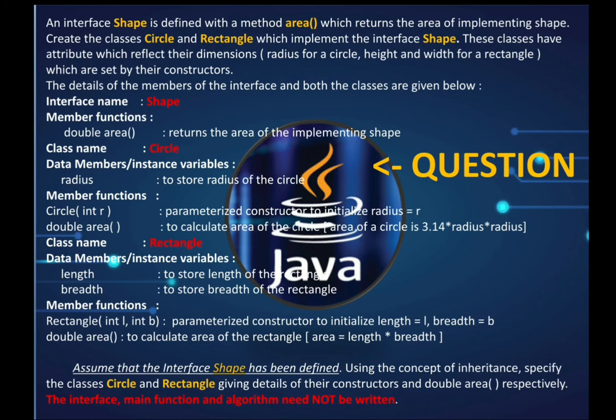In this way you have a question of inheritance in your paper of 5 marks. And now I'm going to show you all how you are supposed to write this program, but I am going to show you the interface also so that you can identify how an interface is going to be created. But in the paper you are not supposed to write the interface, but still I'm showing you.